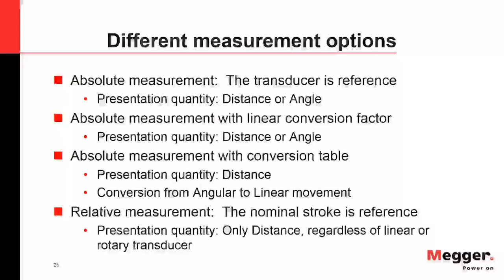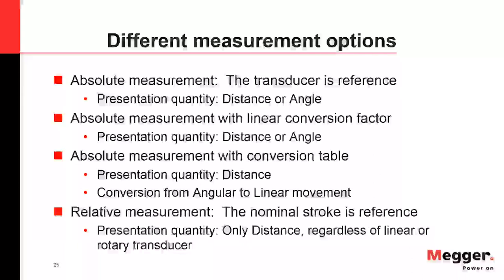So a couple different measurement options. Absolute measurement, now your transducer is a reference, and so you present either distance or angle depending on what you get. You can make an absolute measurement and then have a linear conversion factor. So if you measure in distance, you can convert it to distance, just like a multiplication factor, or same thing with angle.